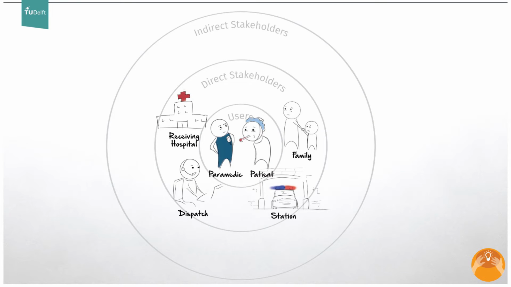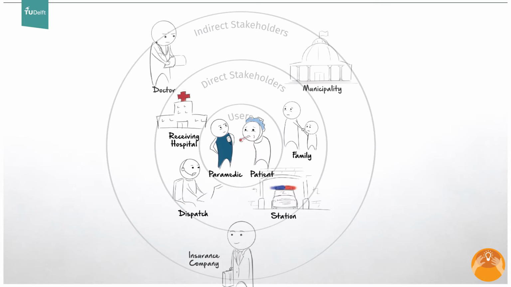Then we expand out to the direct stakeholders, people who are directly affected by the service, such as receiving hospitals and the family and the dispatch agent. Finally, we look at indirect stakeholders, those who are not immediately involved in the service but who are still affected by it, such as the municipality, whose reputation might suffer from poor emergency services.